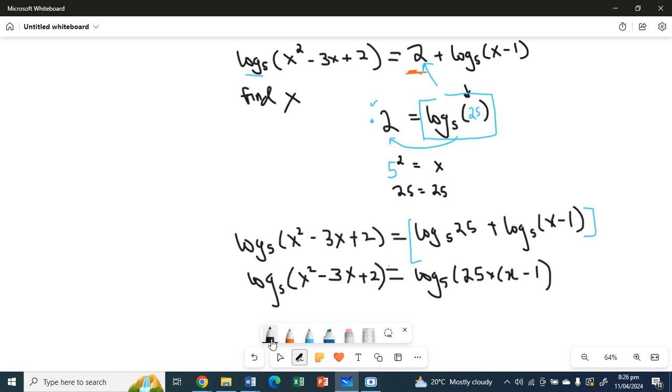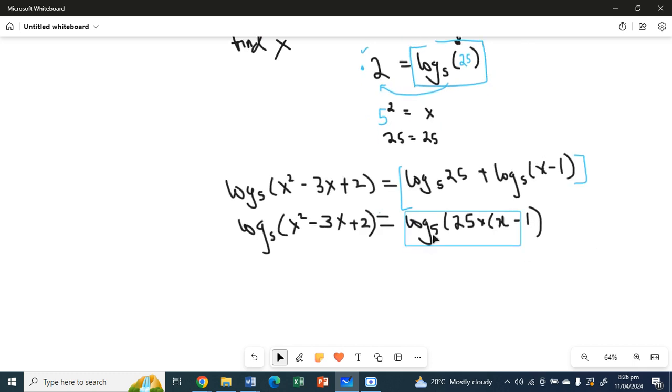All right. So once we reach this point, we can see we've got log 5 on the left hand side, log 5 on the right hand side. The logarithms can go. So you get rid of this logarithm, you get rid of this logarithm. So now we remain with algebraic expressions.